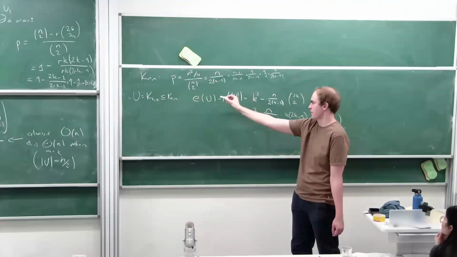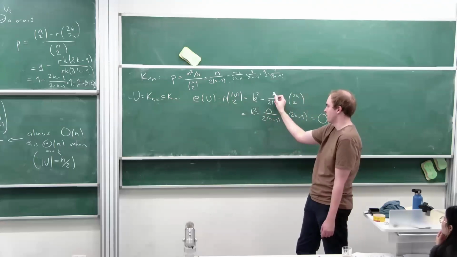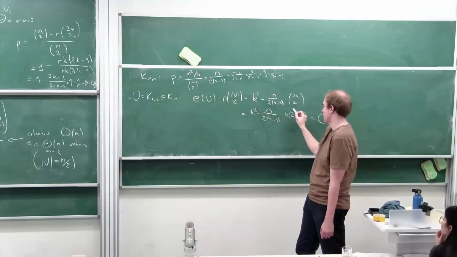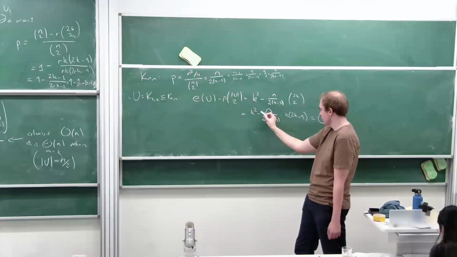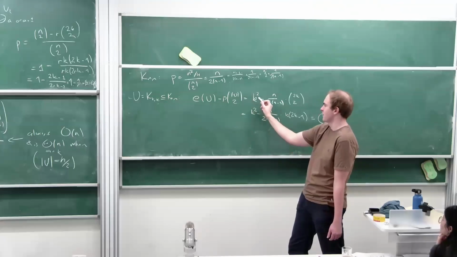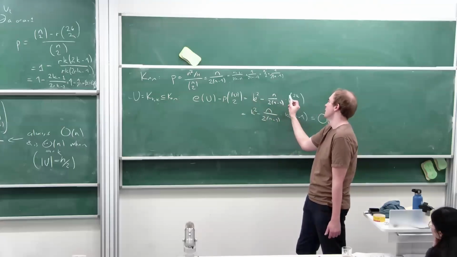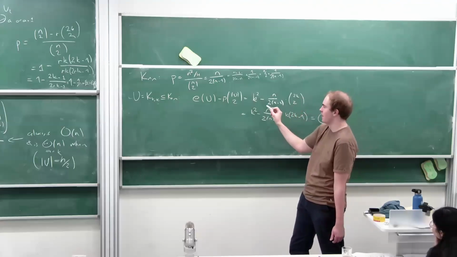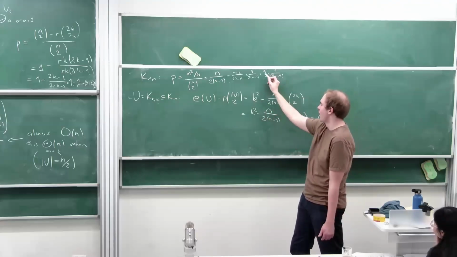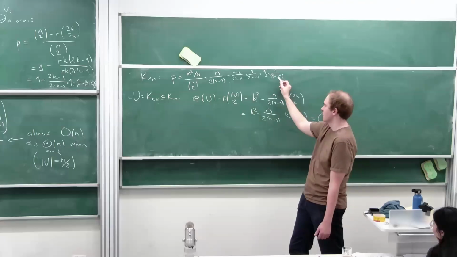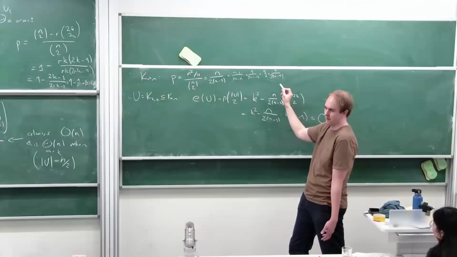Then the discrepancy of U is going to be k squared minus the edge density times 2k choose 2. So you're not going to get k squared minus half of 2k choose 2, but rather k squared minus half plus something constant over n roughly.